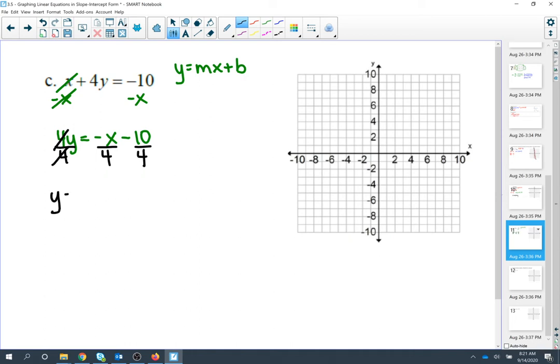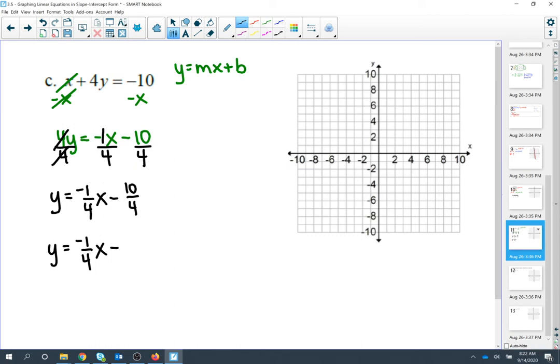So y equals, we have negative x over 4. Now, if you can't see a coefficient in front of the x, there's a 1 hiding. So this is negative 1/4 x minus 10/4. And then there's one more thing I'm going to do with this, and it's this 10/4. I'm going to simplify it. So y equals negative 1/4 x minus, if I divide by 2, I'm going to get 5.